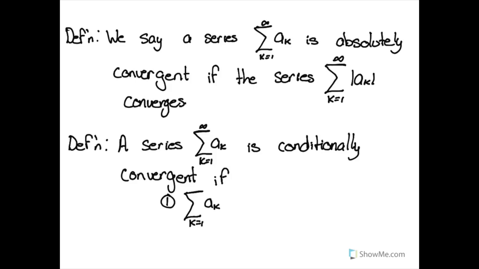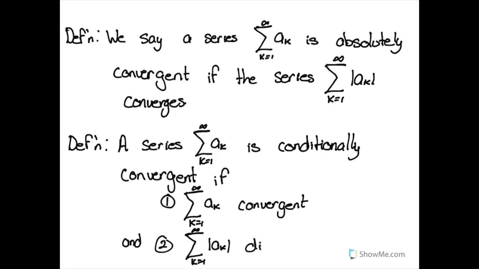Conditionally convergent, so it has to be convergent. a_k is convergent. And two, the series of absolute value a_k is divergent. So if both these conditions are true, that is, the original series is convergent, but the absolute value of the series is divergent, then we say that it's conditionally convergent.